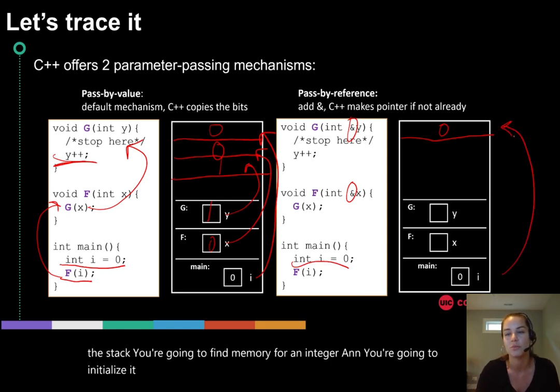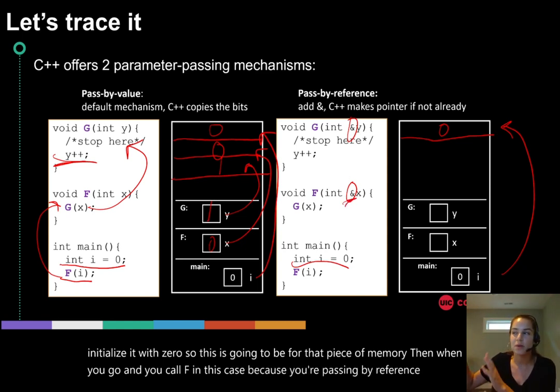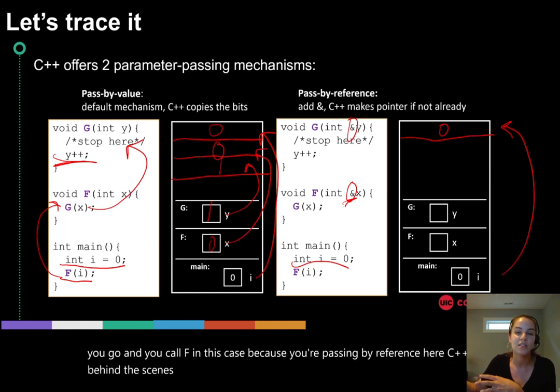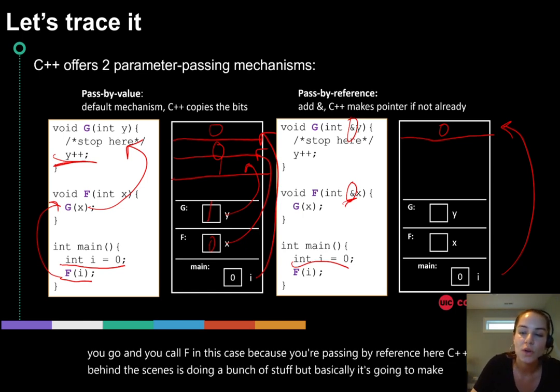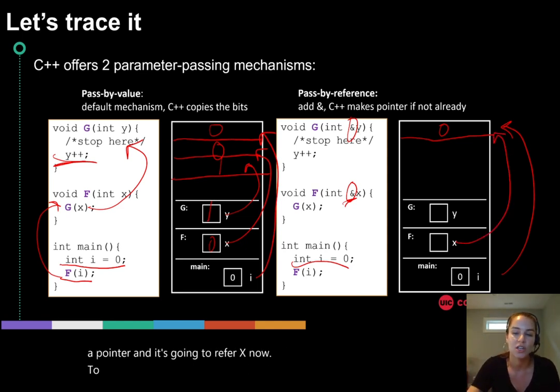Then when you call f, because you're passing by reference here, C++ behind the scenes is doing a bunch of stuff, but basically it's going to make a pointer and refer x to the same location that I is. And so it's actually pointing to the exact same spot.